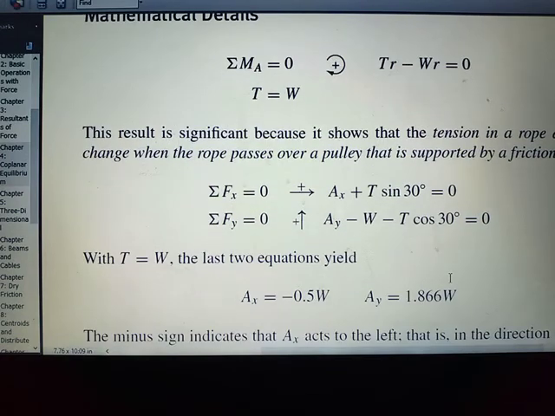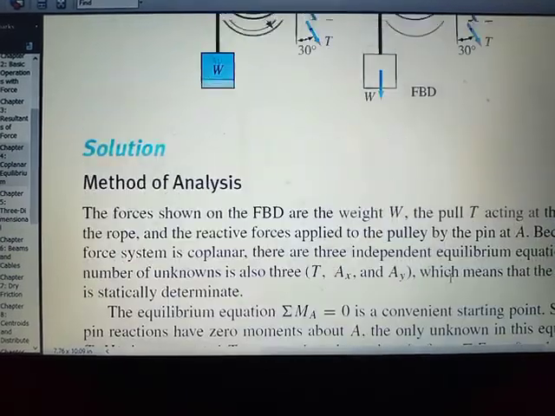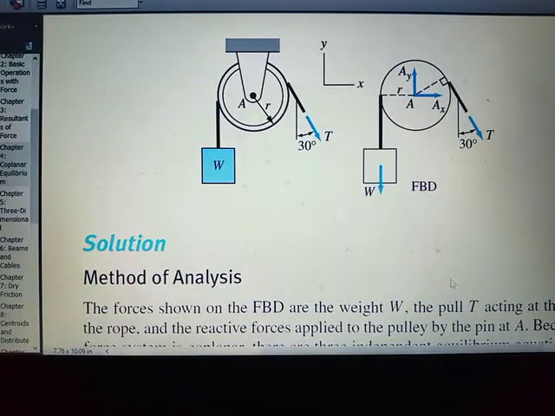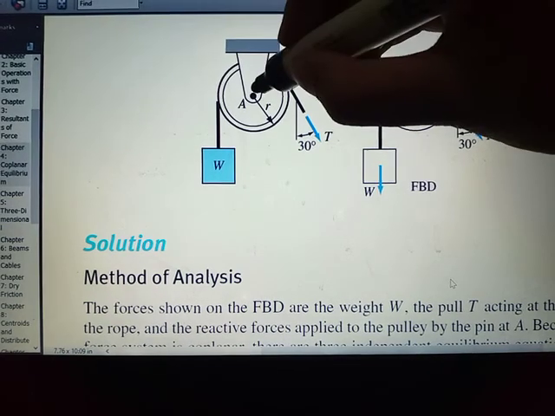When we sum up forces in X equal to 0, we assume to the right as positive, so AX. When we say AX and AY, it is the force acting on this support.